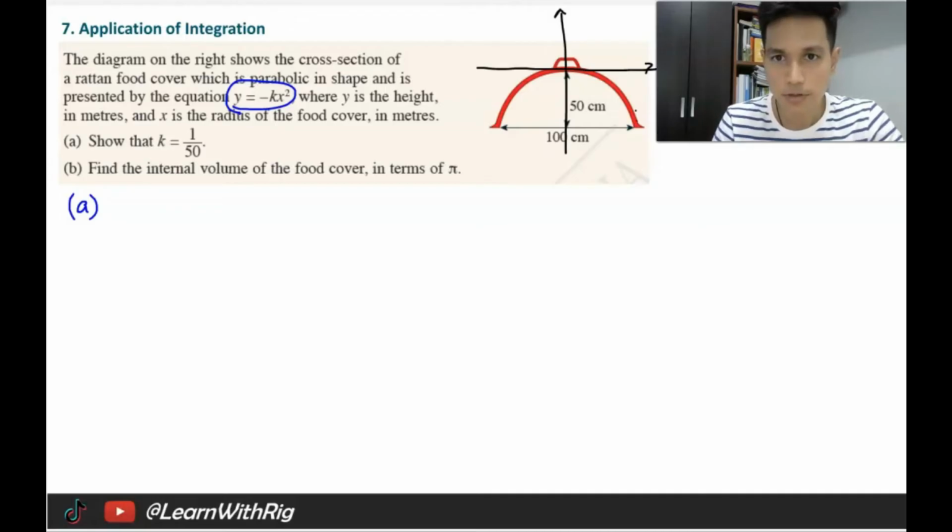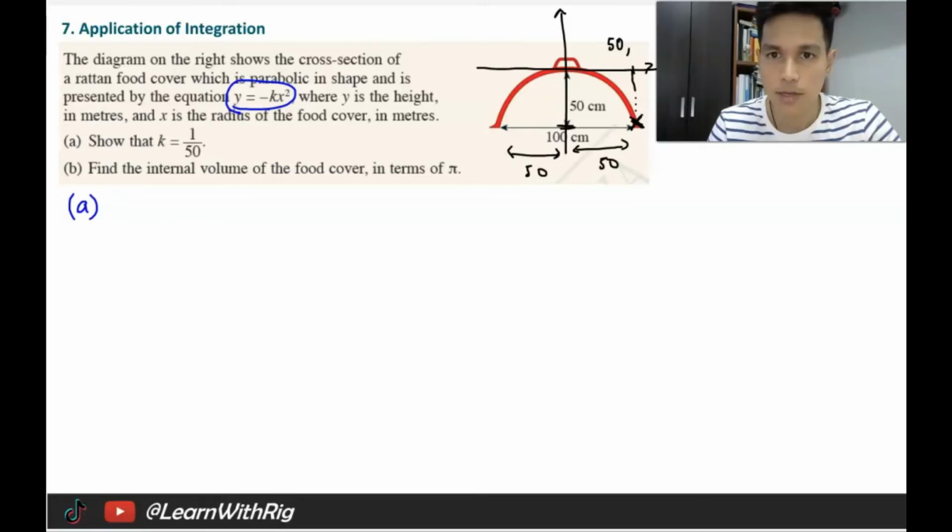So at this point is going to be the coordinate, I just want to take a random coordinate. So this coordinate here, here is 100, right? So here would be 50. Here also would be 50. So the coordinate here is going to be 50, and the base is at y equals negative 50. So 50, negative 50 at this particular point.